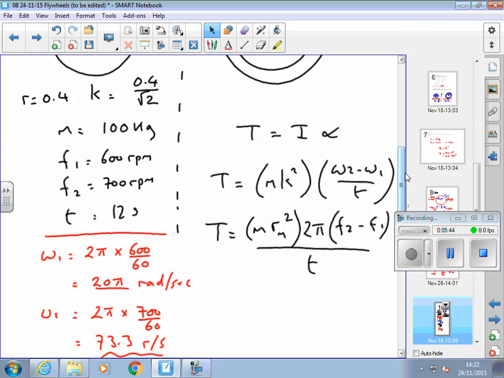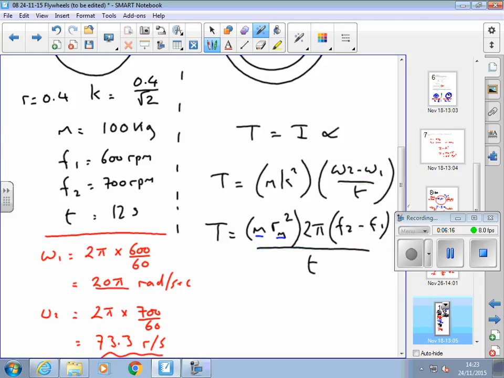This is the moment of inertia. 2 pi times f2 is omega 2, and 2 pi times f1 is omega 1. So actually I can take the 2 pi outside a bracket and just leave f2 minus f1 inside. If you see that, that's good, and you can maybe use this method. And then if I'm dividing by time, well, I could divide the whole thing by the time. So what I'm going to do now is put in the numbers and try and do this in one hit on the calculator.